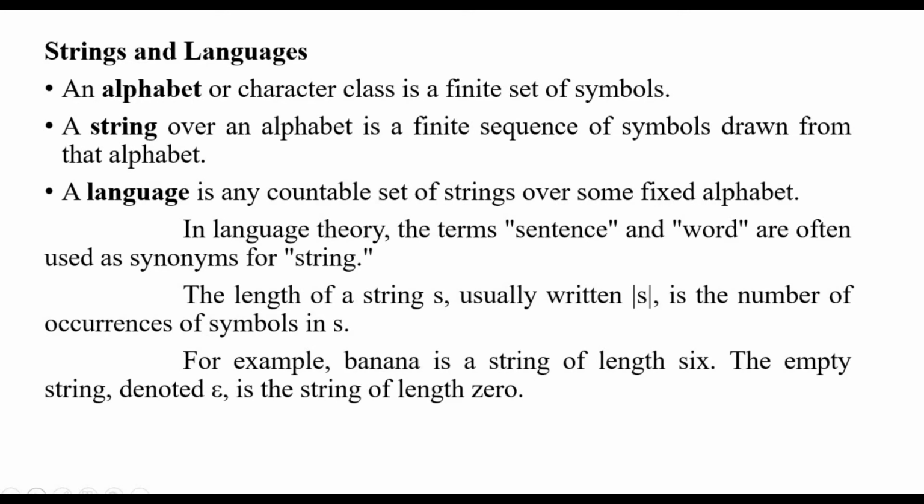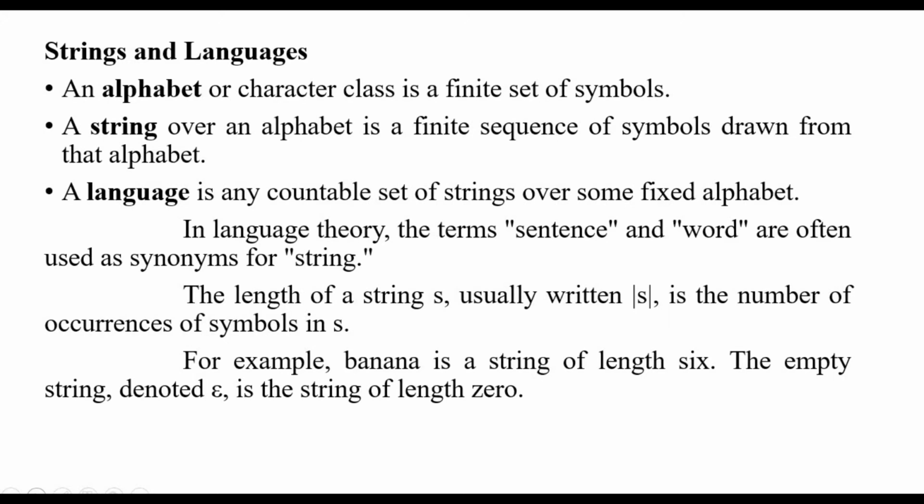In language theory, the terms sentence and word are often used as synonyms for string. A string is nothing but a group of meaningful characters, or any sentence or any word.